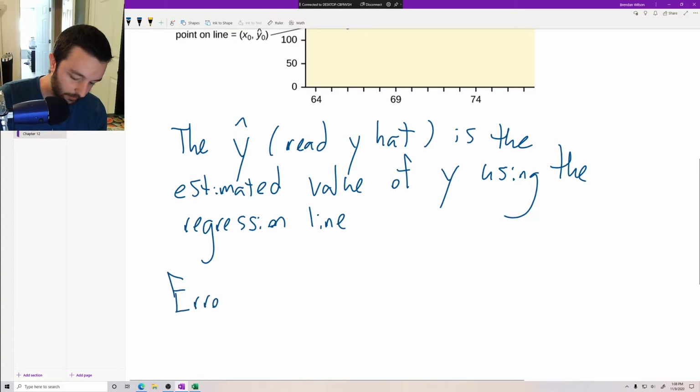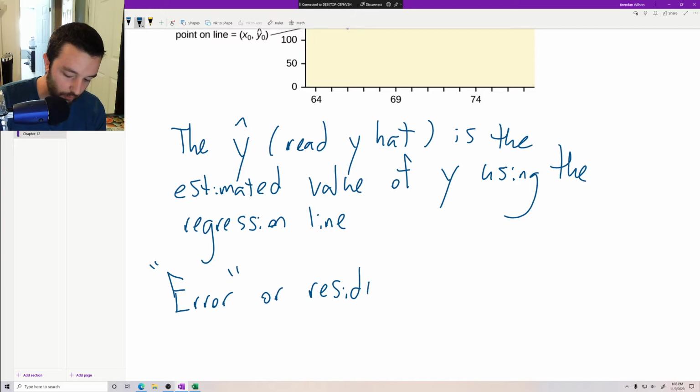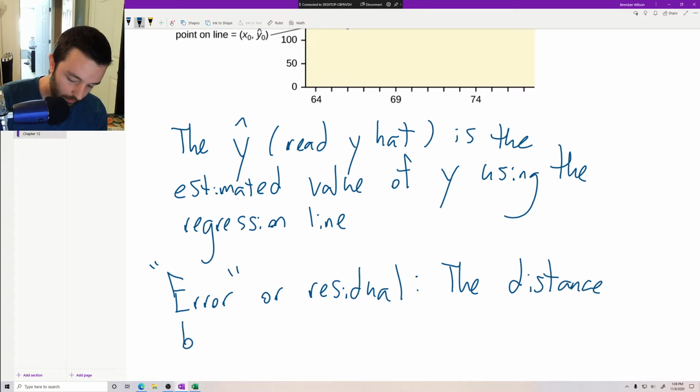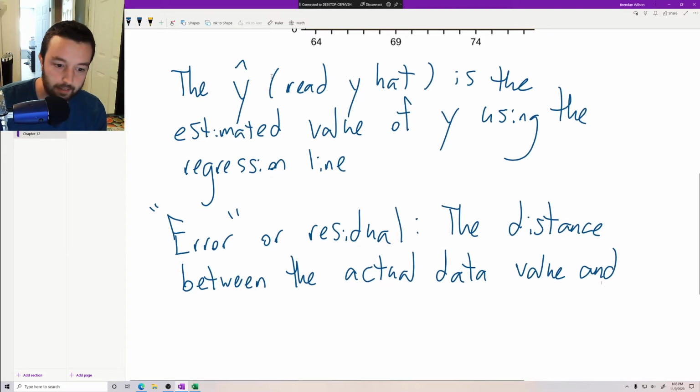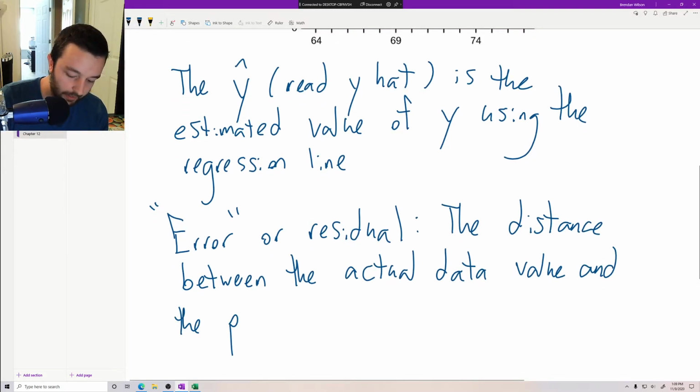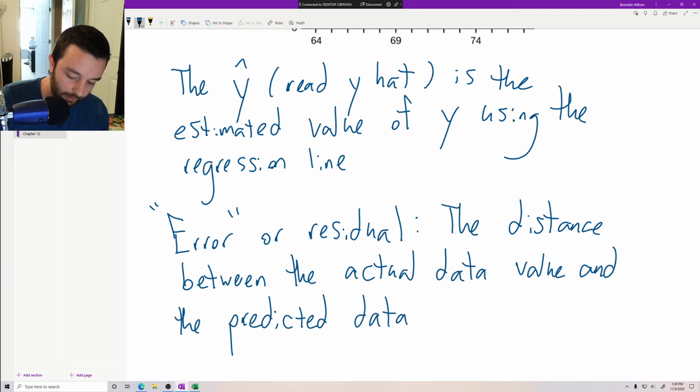So the error, or the residual, it's another word for it, is the distance between the actual data value and the predicted data value from that line.